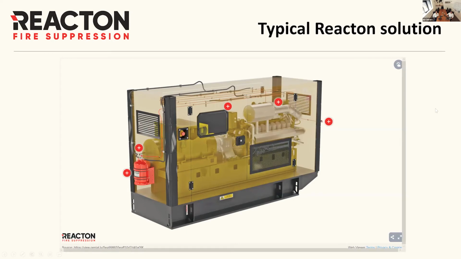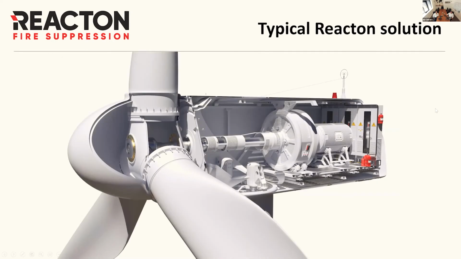So let's skip to the next slide, hopefully, if it will let us. There we go. And this one here, we've got a typical solution from Reacton, and really it's just to give you a taste. This isn't a physical installation, and we've got more of a direct drive wind turbine there, which isn't as traditional as some of the others we've seen in the videos. But what we're trying to highlight is that we have systems that are able to provide protection inside those cabinets, which could be quite sealed from the rest of the room, and you may want to say, I want protection just in there.